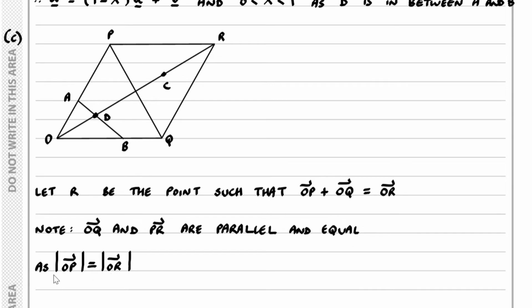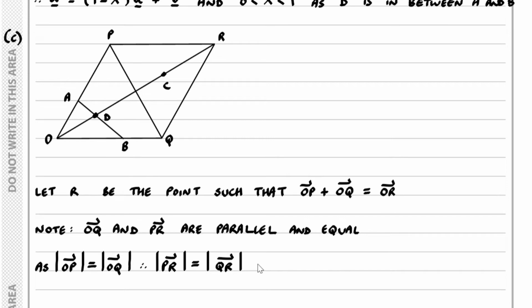Hence, as OP is equal to OQ, so as this length is equal to this length, that would mean that the magnitude of PR would also equal the magnitude of QR.